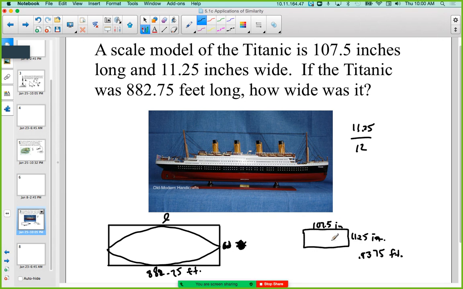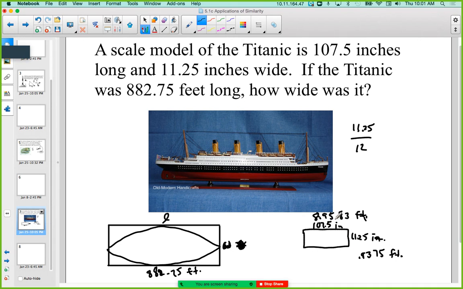I'm going to do the same thing with the 107.5. I'm going to do 107.5 divided by 12, and I get, going to 4 decimal places, 8.9583 feet. Okay. All right, so this is actually a pretty big scale model. This is probably something you'd see in like a museum. It's almost 9 feet long, so it's still pretty big.